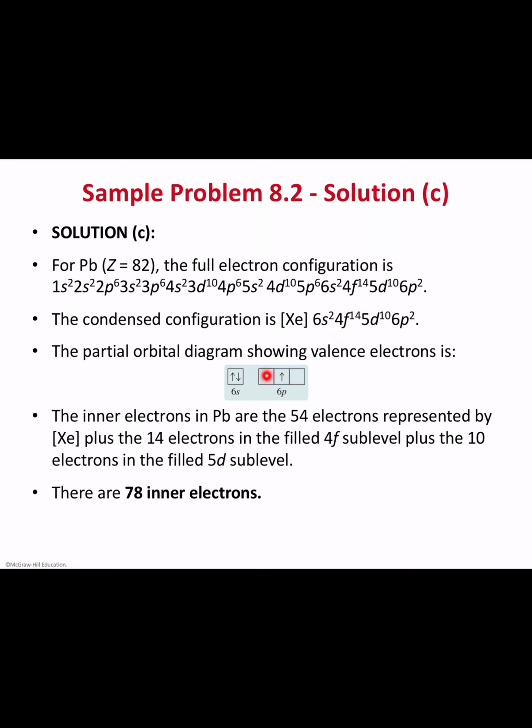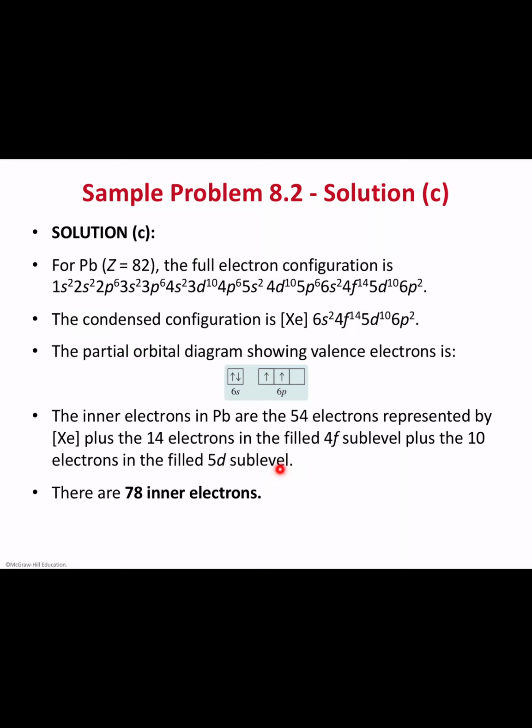So in the partial orbital diagram, if you show the valence electrons, they are going to be the highest energy levels, which are your 6s2 and 6p2. So s2, p2. So there are only 4 valence electrons because f and d are completely filled. The inner electrons in lead are the 54 electrons represented by xenon, plus the 14 in the filled 4f level and the 10 in the filled 5d level.